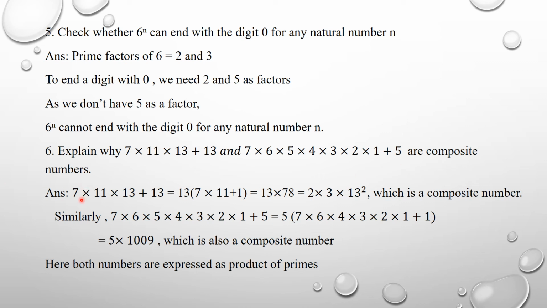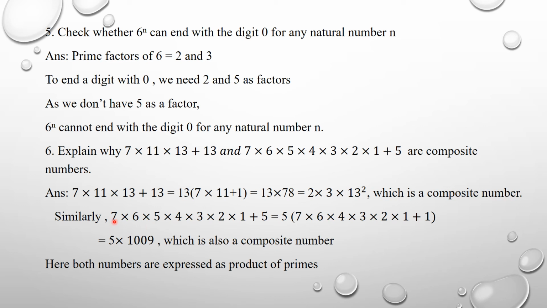We can write 7 into 11 into 13 plus 13 as 13 into (7 into 11 plus 1) by taking 13 common from the first and the second term, which is also written as 13 into 78, which is 2 into 3 into 13 square. This is the prime factorization of 13 into 78, and when it is expressed as a product of prime numbers, we can say it is a composite number.